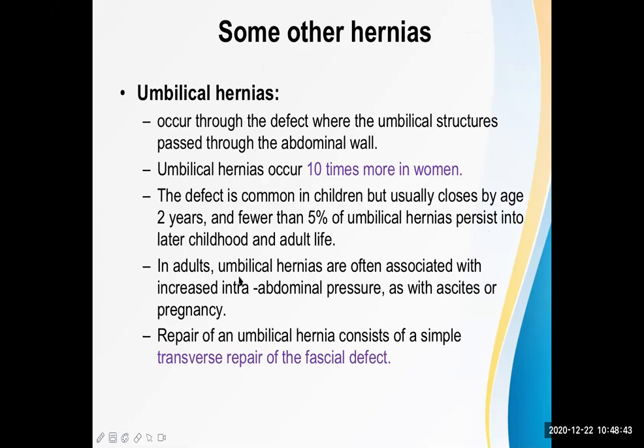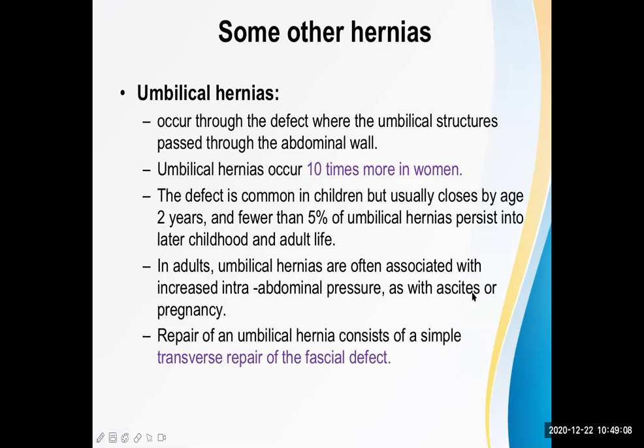Whereas in adults, umbilical hernias are often associated with increased intra-abdominal pressure, as with ascites or pregnancy in females, and ascites in both sexes. Ascites is a collection of free fluid in the peritoneal cavity, and it is definitely causing increased abdominal pressure all the time, and that is leading to umbilical hernia.